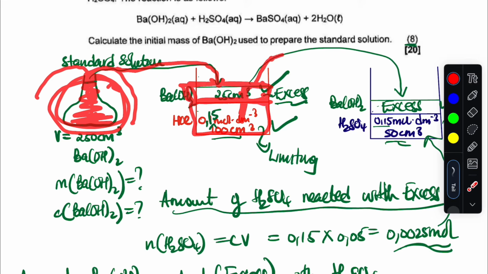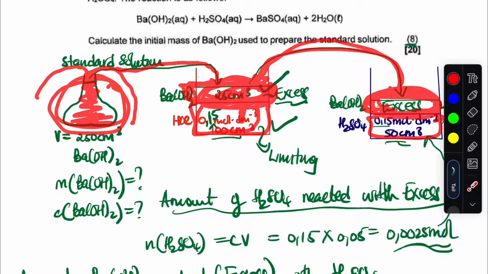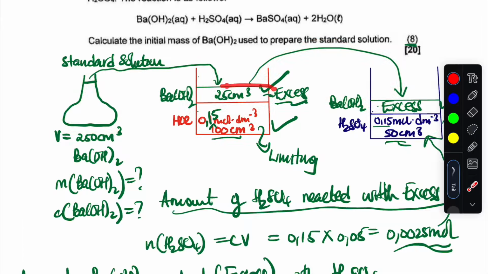This excess was added to the sulfuric acid. So we started by calculating this amount that was remaining here, and then we calculated the amount that reacted here, and then we added the two amounts, which gave us the initial, and we calculated in terms of the 25 and then in terms of the 250, and then it gives us the initial.